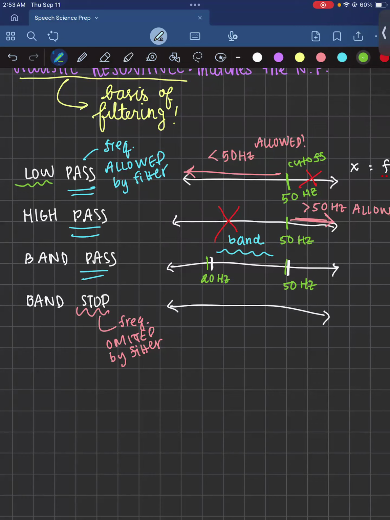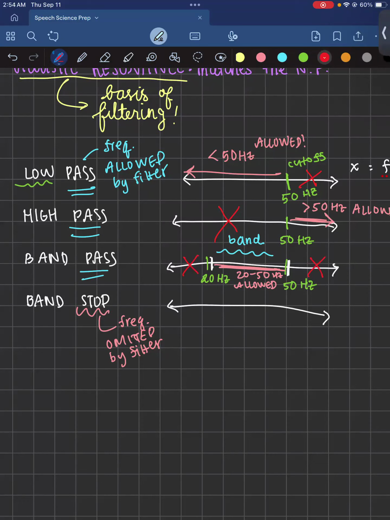Basically what the bandpass filter does is within this band, we will allow all the frequencies. So if it's between 20 to 50 hertz, it's going to be allowed. But anything outside of the band, anything outside of that range, we will not allow.